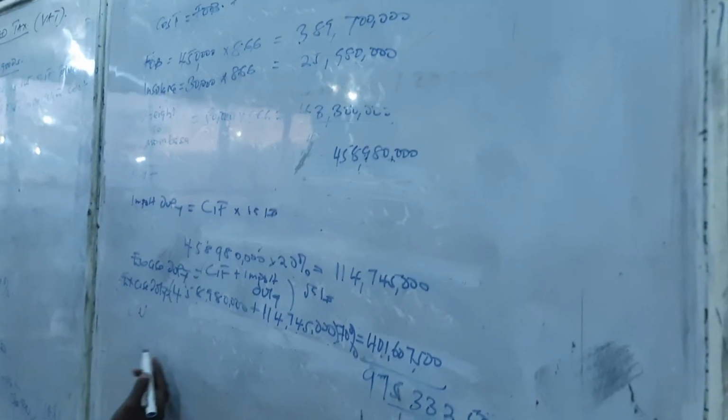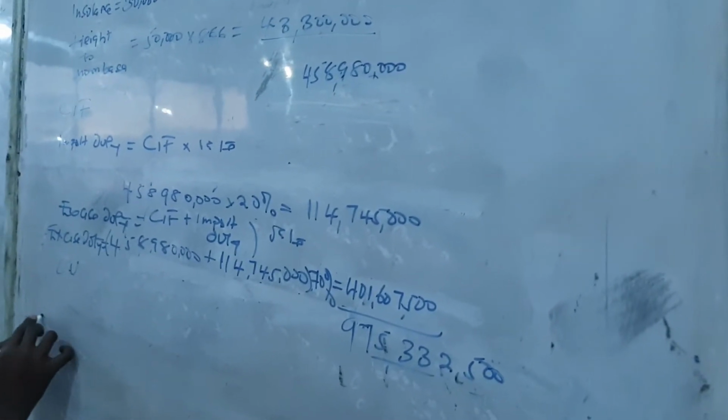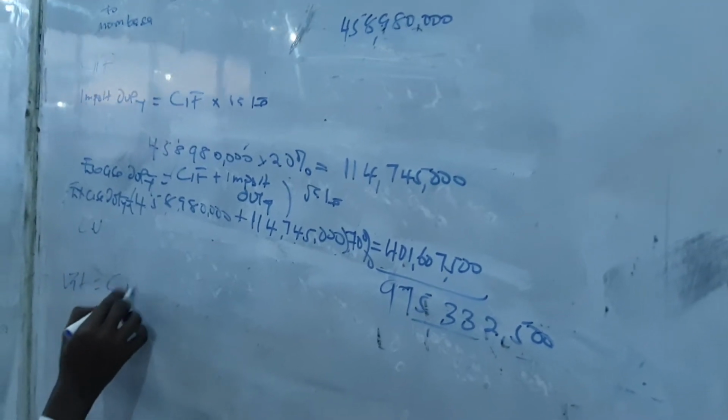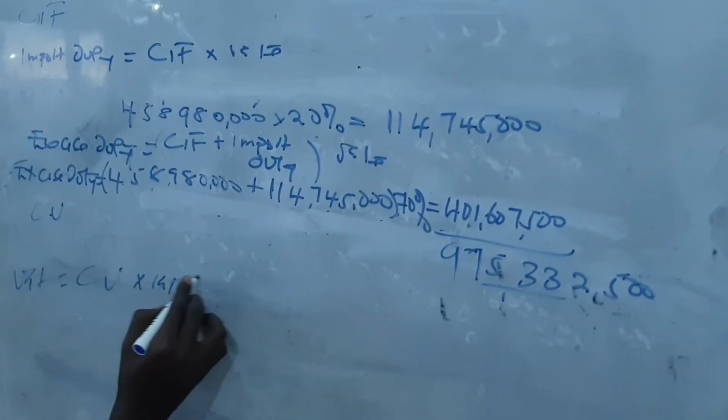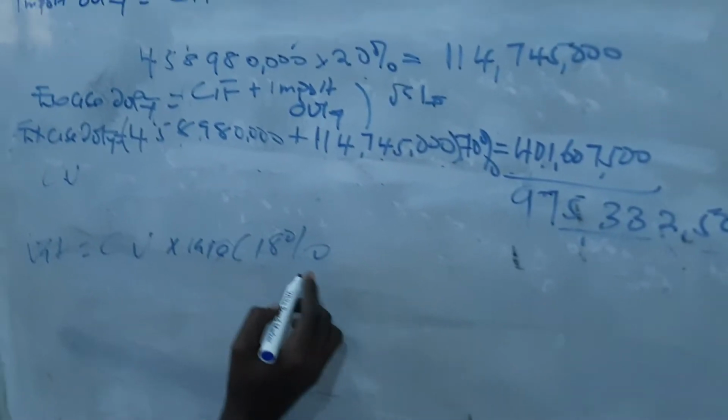This is the customs value, and to get the VAT equals customs value times the rate, and the rate is 18%.